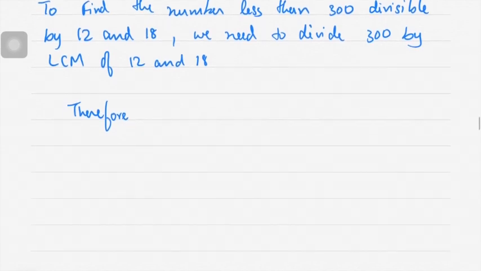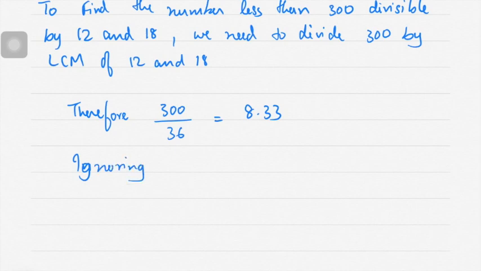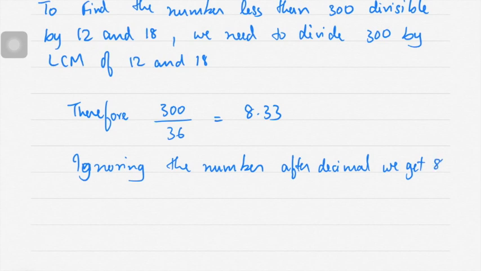Therefore, 300 divided by 36 is equal to 8.33. Ignoring the number after the decimal, we get 8.